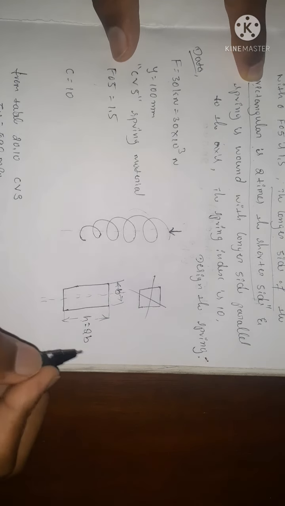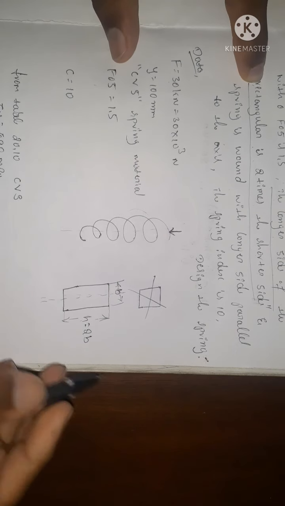This is the rectangular cross section, and this is the axis. From here to here is the longer side, the height h. The shorter side is b, the breadth. So the condition is that the longer side is 2 times the shorter side, where h is equal to 2 into b, where h is the height or thickness, and b is the breadth.